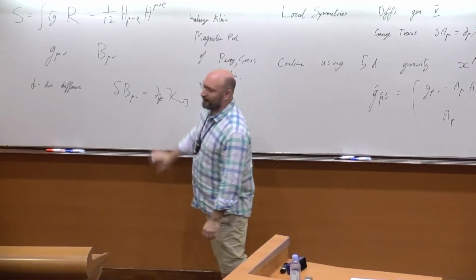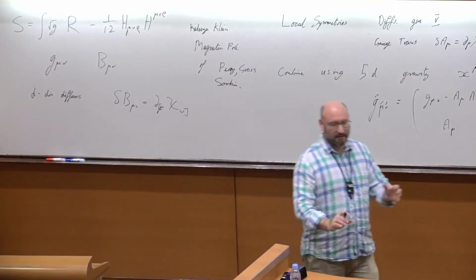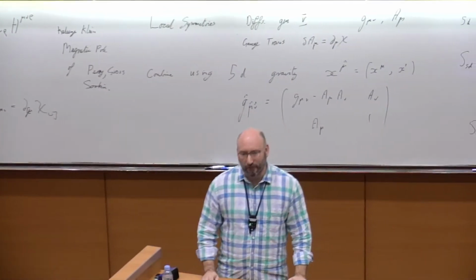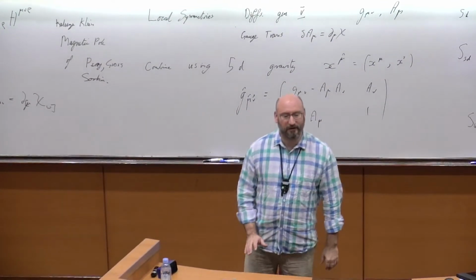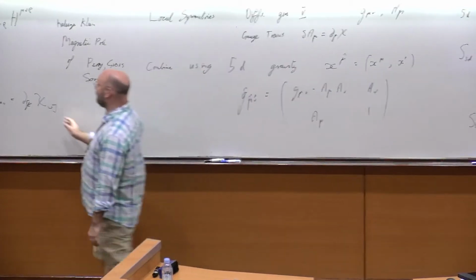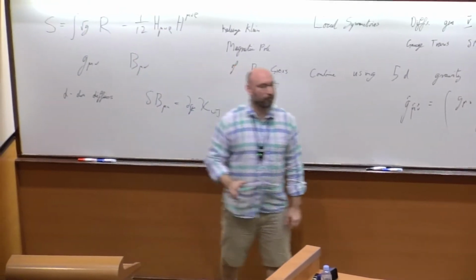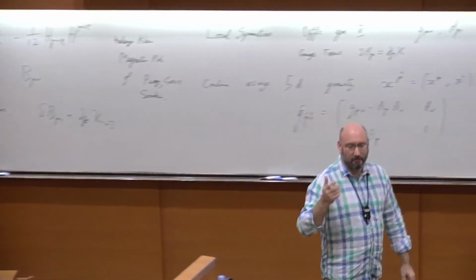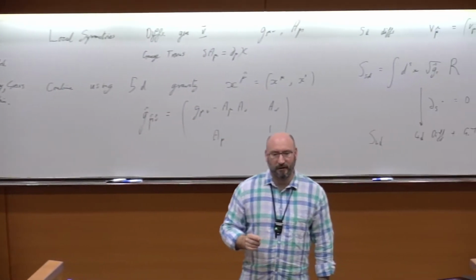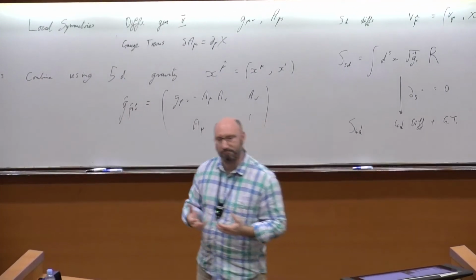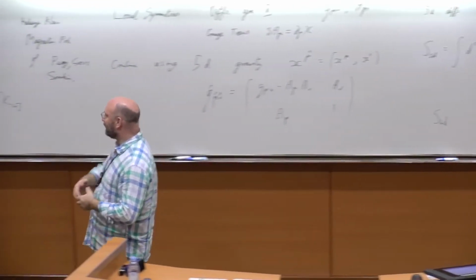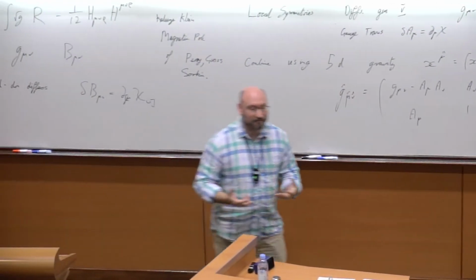And now, of course, one could have looked at this way back, maybe people did, and said, I want to find a Kaluza-Klein lift of this theory. I want to combine G and B into one object and give it a geometric interpretation and write down a single action for that combined object.